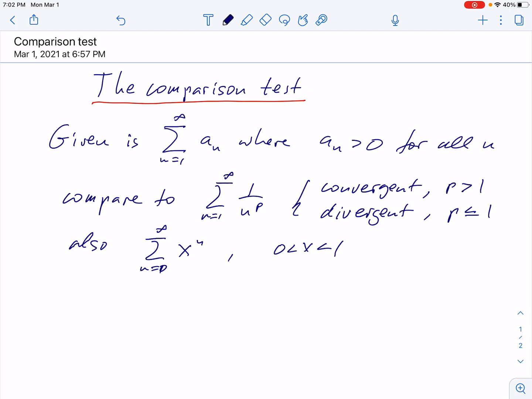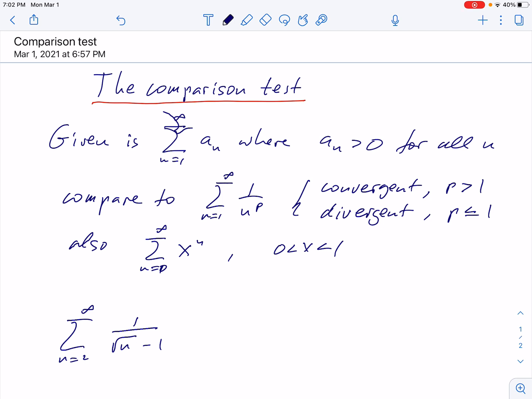So how do we compare? Here is one very simple example. Look at the series, n starts from 2 here to infinity, 1 over root of n minus 1. This is from the book, one of the first examples.